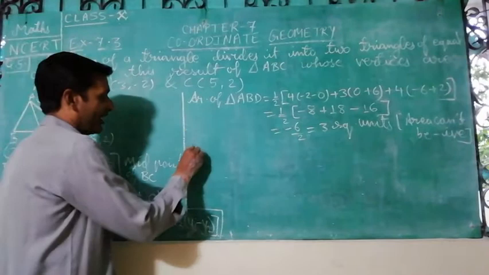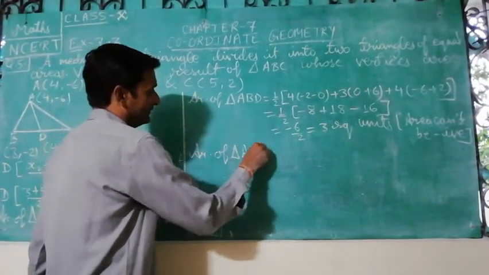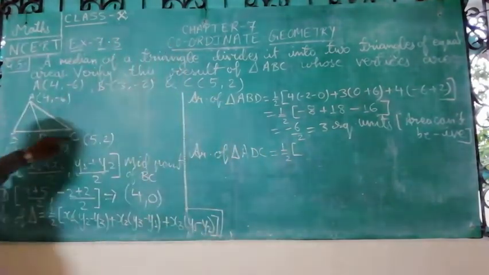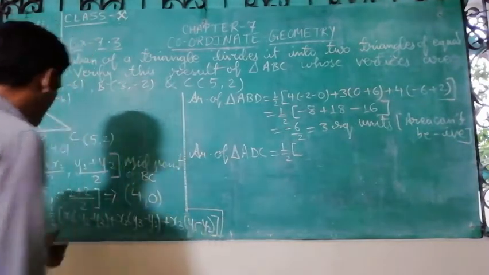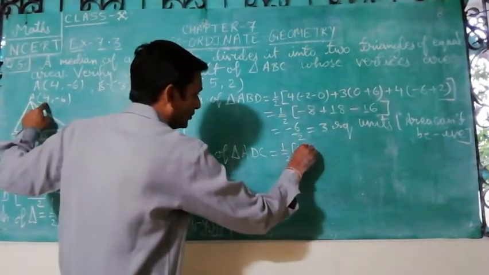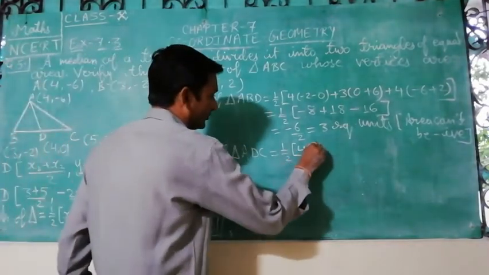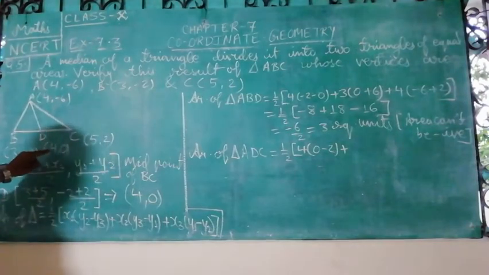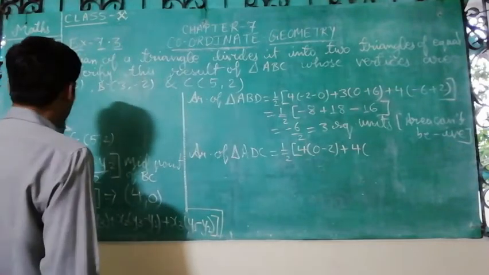Now area of triangle ADC is half. So this is x1, y1, this is x2, y2 and this is x3, y3. In this formula only we are putting again the values. So 4 into 0 minus 2, plus again 4 into 2 plus 6.